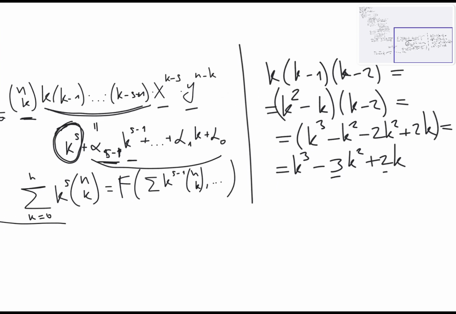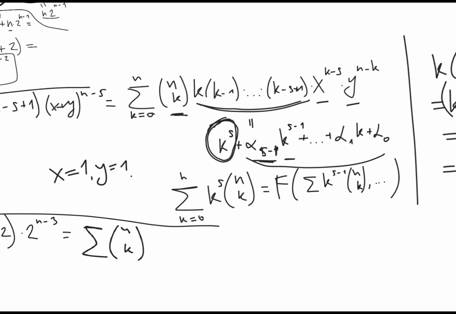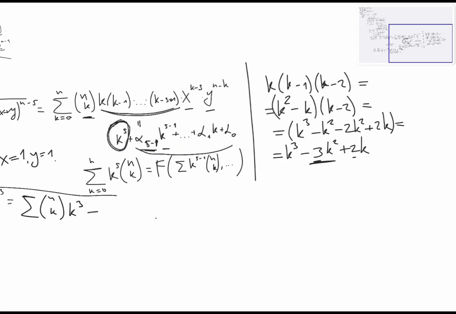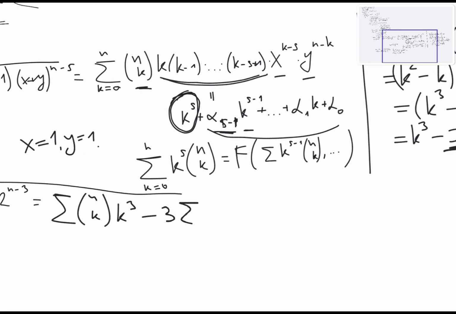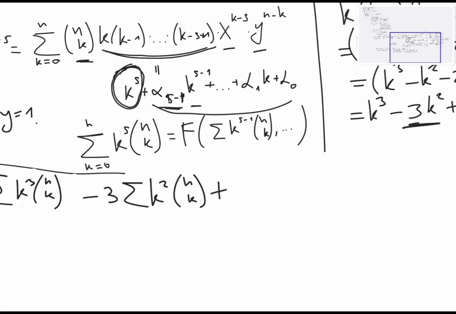So now when we expand this, it would be the sum of, I will skip the indices in the sum because they're always the same, n times the sum of k cubed, let's write here the k cubed and k before, just for convenience, minus 3 times the sum of k squared and k, plus 2 times the sum of k and k, right?